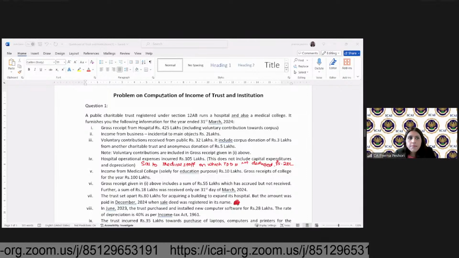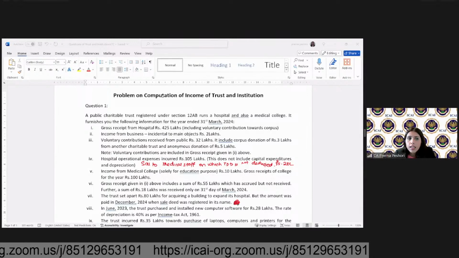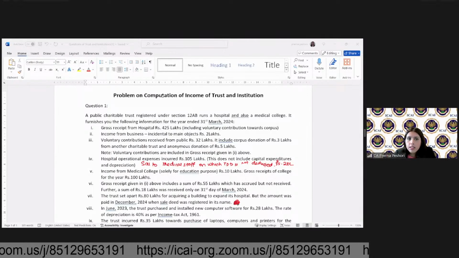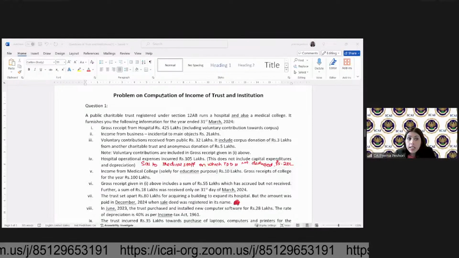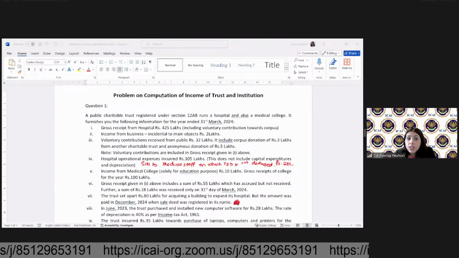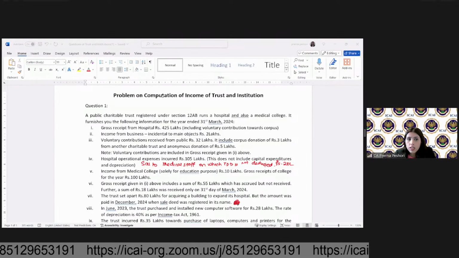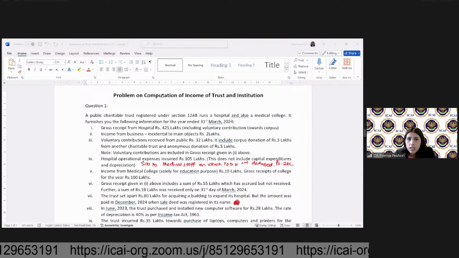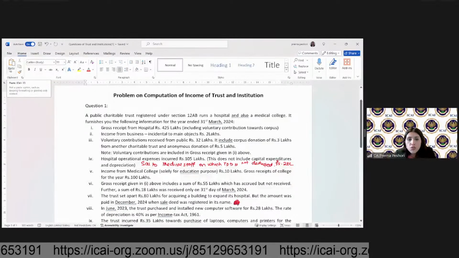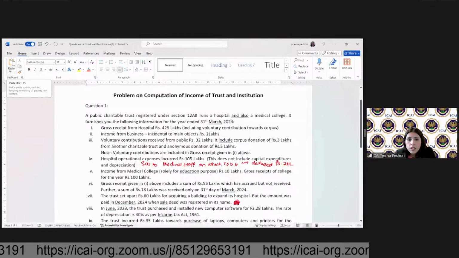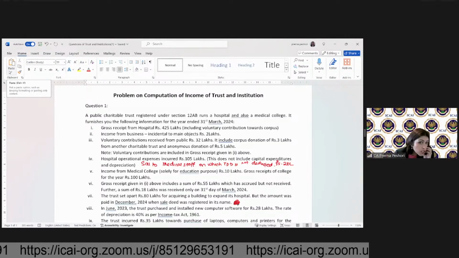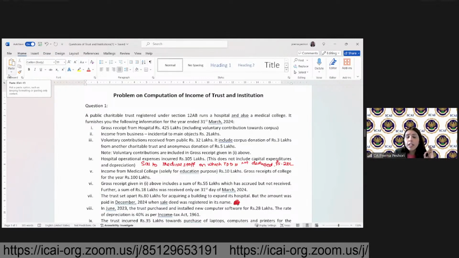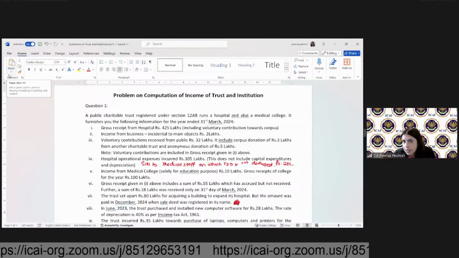Income from educational institution, 100 lakhs is how much? This is existing solely for education purpose.